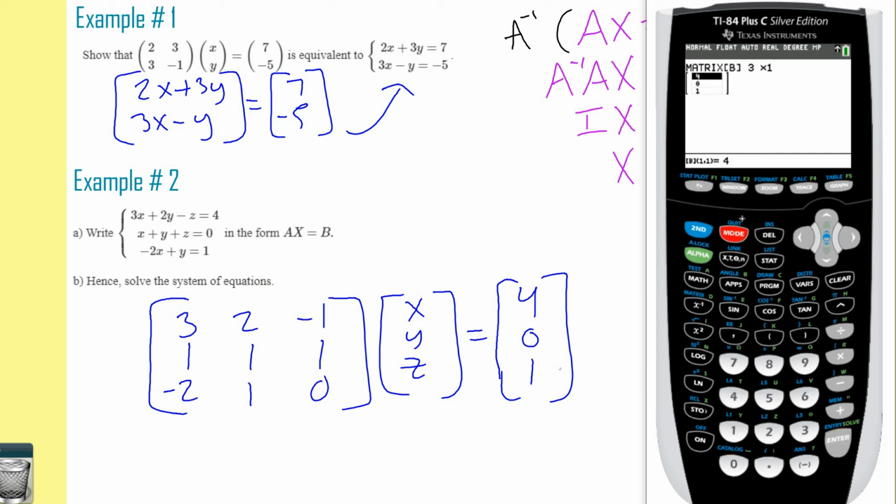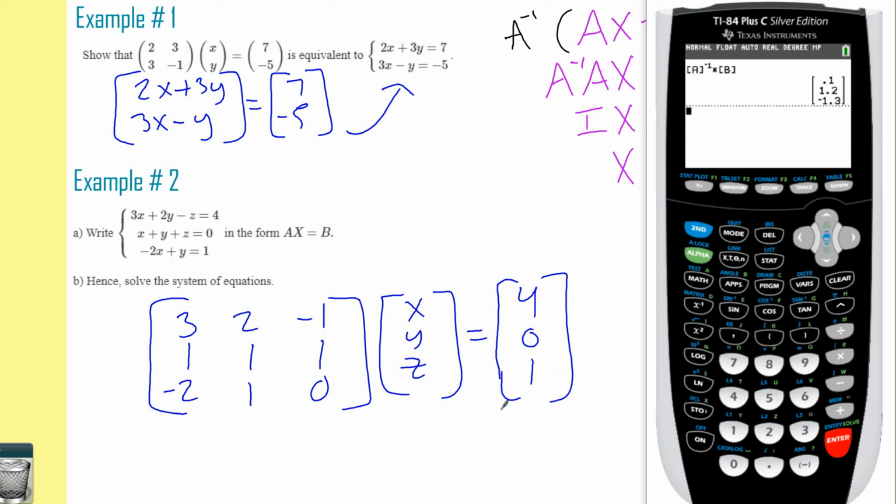And now I'm going to go back to my home screen, and I want to take the matrix A, so second, this one, enter matrix A. I want to take the inverse of that, and I want to multiply by matrix B. There you have it.